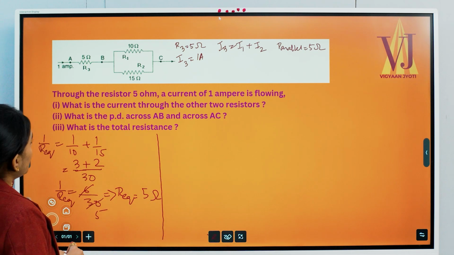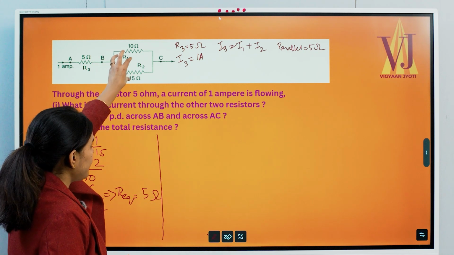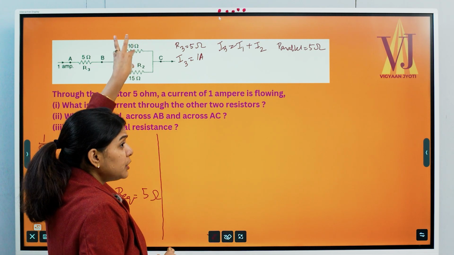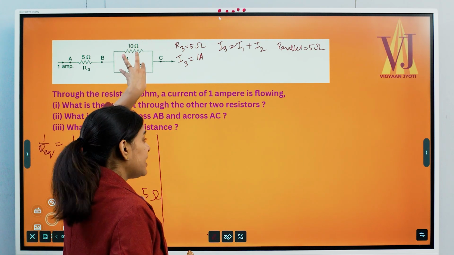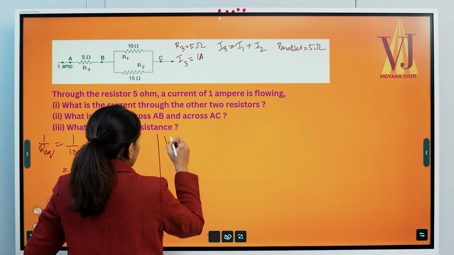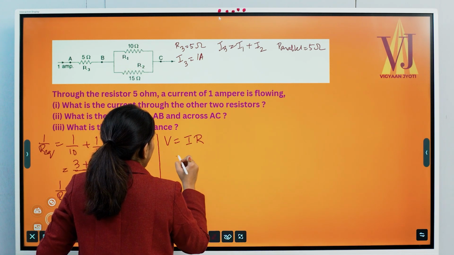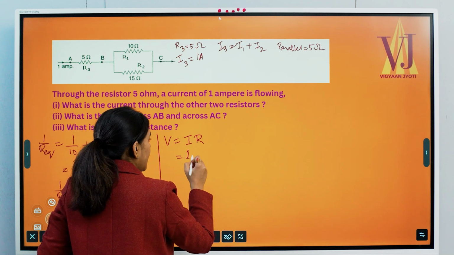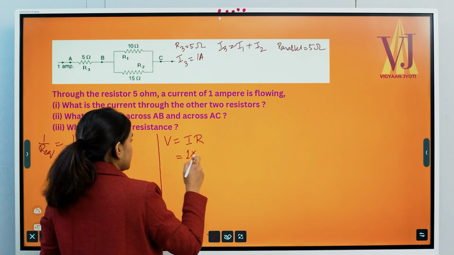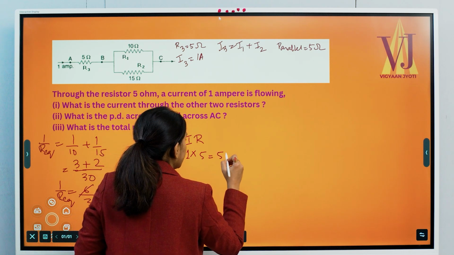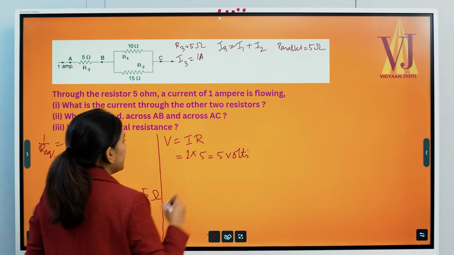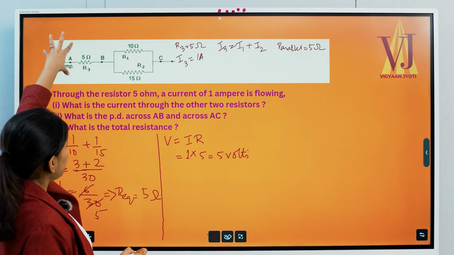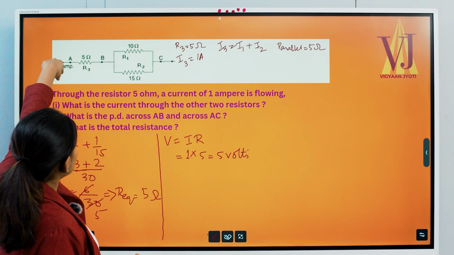Since the overall resistance is 5 ohm and my total current is 1, we can easily find out the voltage. Voltage is equal to IR. The total current is 1 and the overall resistance is 5, so it's 5 volts.